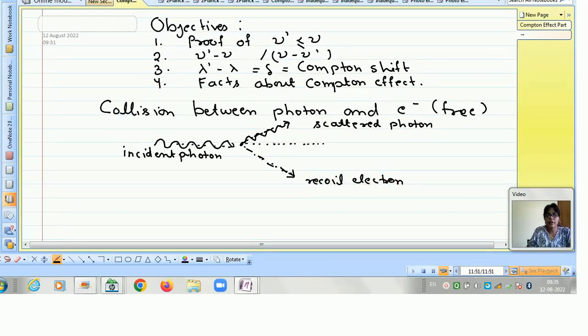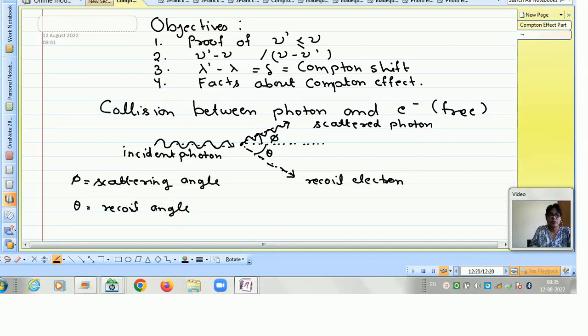And this is the direction of the motion. So let us write this as the angle phi, the scattering angle, and this is the angle theta. So phi is termed as the scattering angle, and theta is the recoil angle.